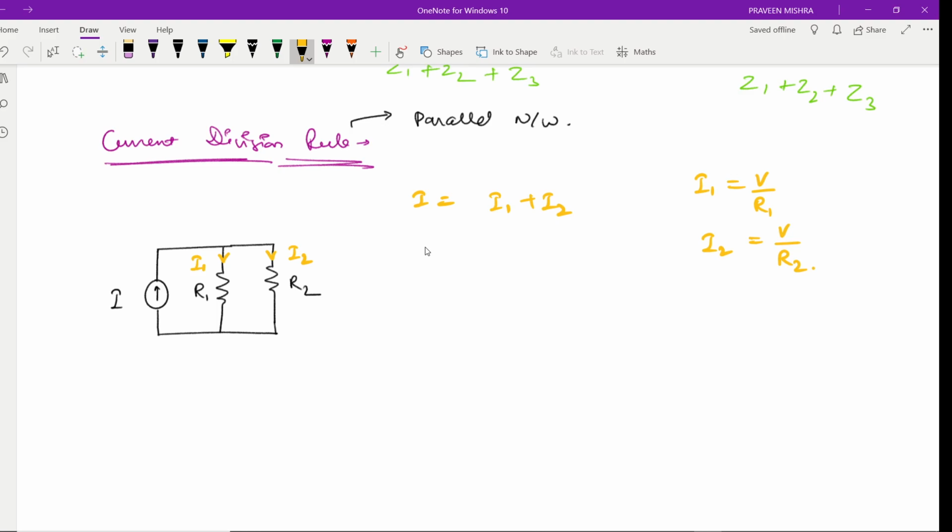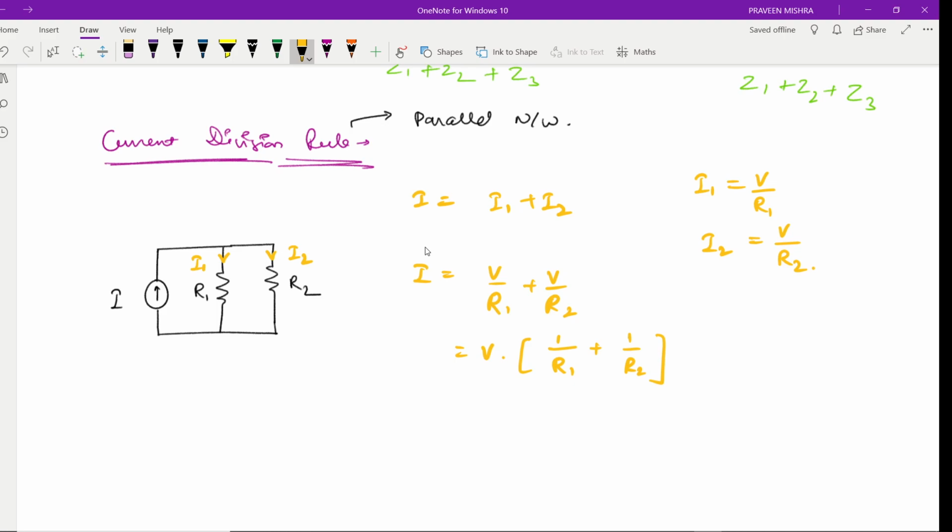So if we put here I equal to V by R1 plus V by R2, it will be V into, keeping V constant, 1 by R1 plus 1 by R2.